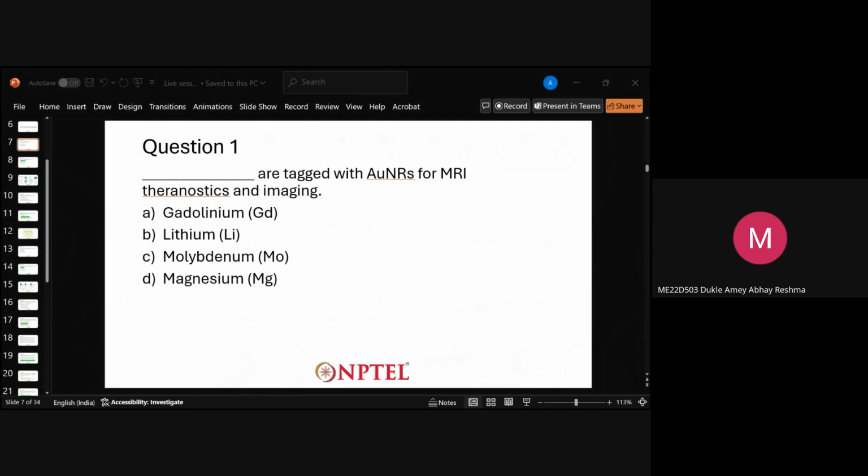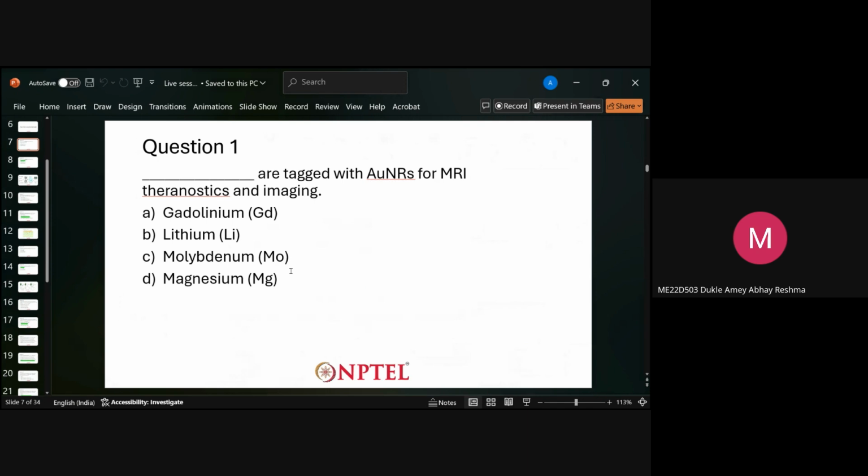So this is the question. So the ash is tagged with gold nanorods for MRI theranostics and imaging. Theranostics is basically a technique which combines both therapeutics and diagnostics. That is, thera is therapeutics, and gnostic is diagnostics and imaging.